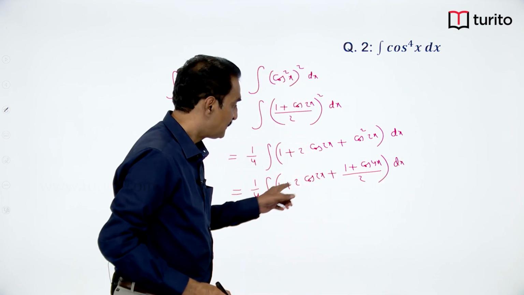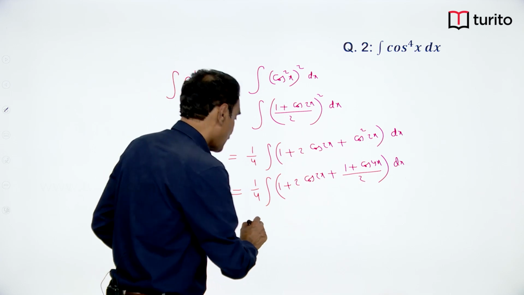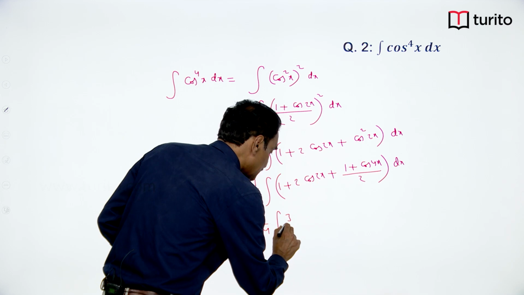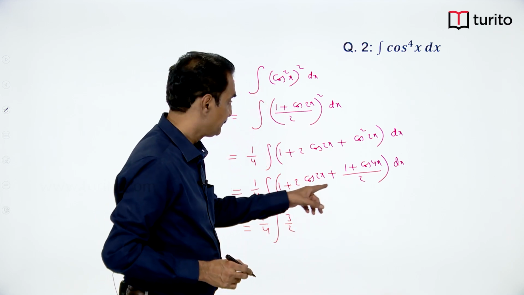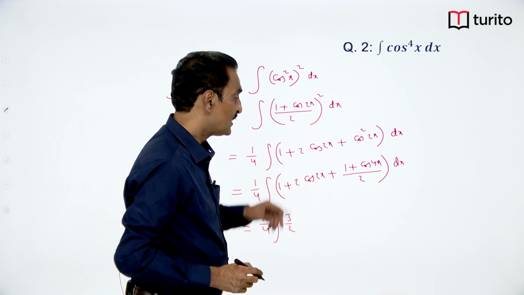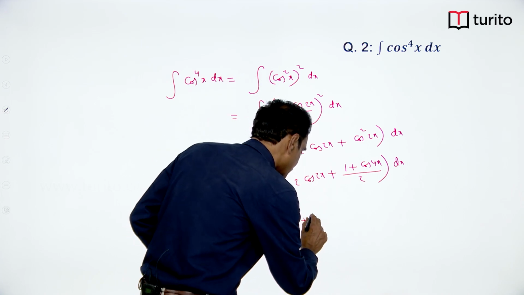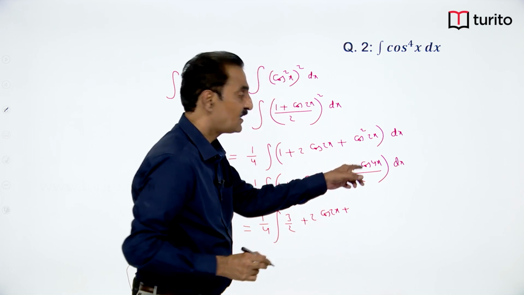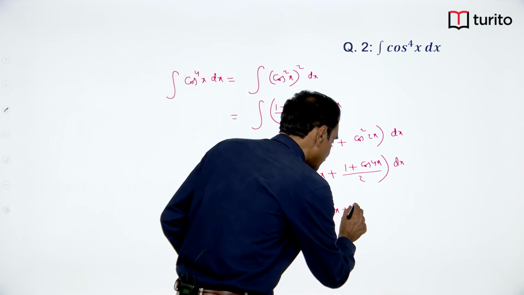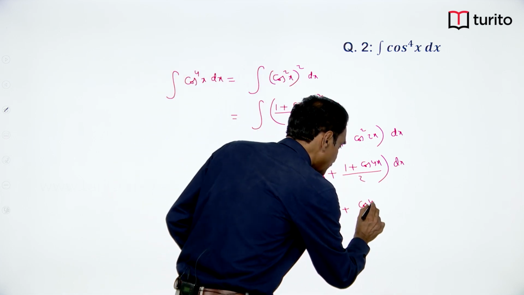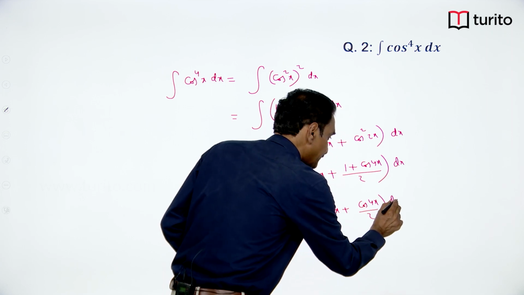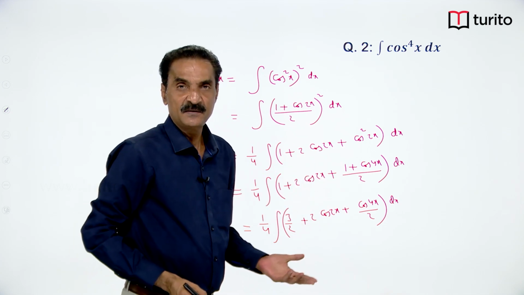Then 1 plus 1 by 2 is 3 by 2, so 3 by 2 plus 2 cos 2x plus cos 4x by 2, dx. Now we can integrate each and every term.